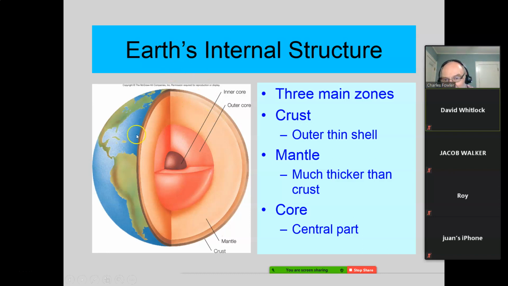Now, you get into here, and this is the core. This is the outer core here, and by the way, that's liquid. Again, we've never been down, okay, let me back off. It seems like I read somewhere that the Russians actually did keep drilling until they got through the crust and made it into the mantle.